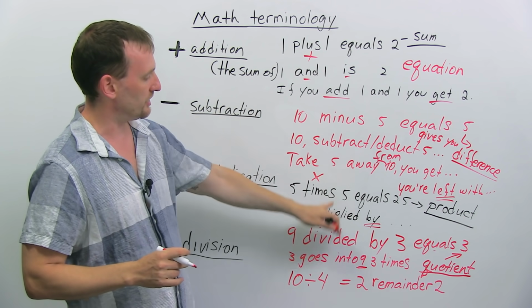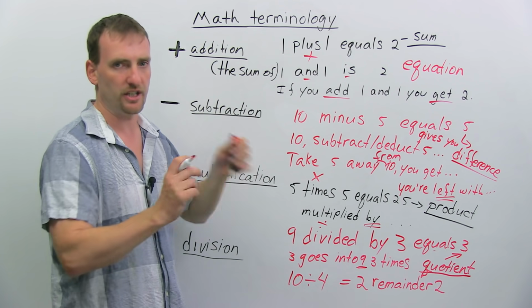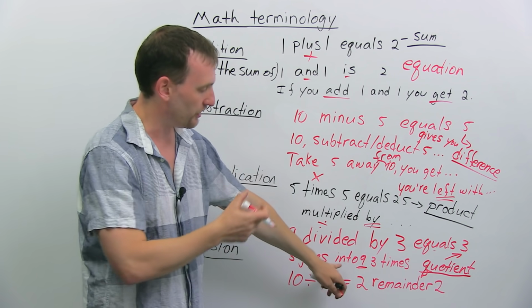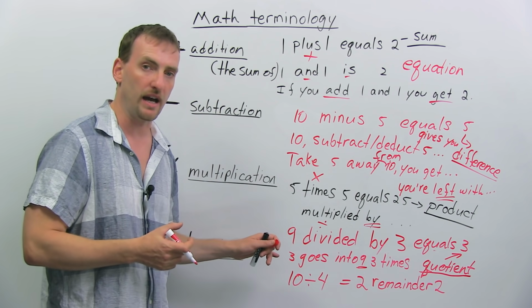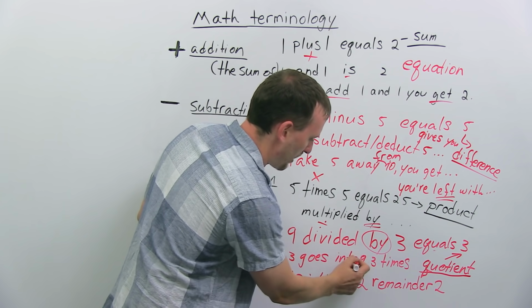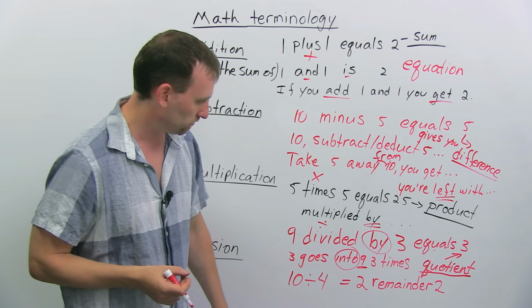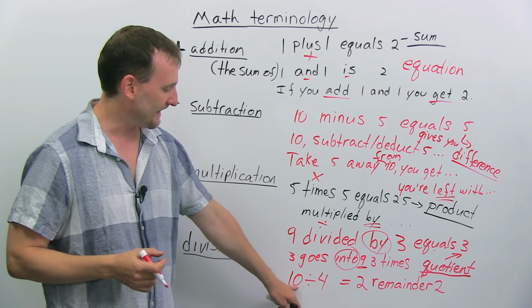Here, when in addition, subtraction, multiplication, well, actually in addition and multiplication, you can reverse the order and it says the same thing. Here, you have to reverse the order, "goes into", as opposed to "divided by". So pay attention to the prepositions as well. Gives you, 3 goes into 9 3 times. There's your answer.